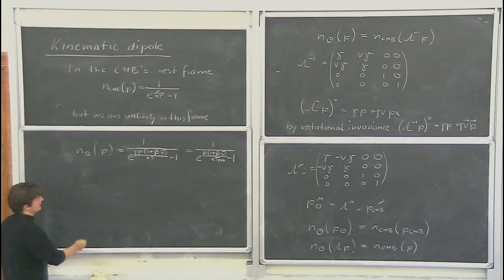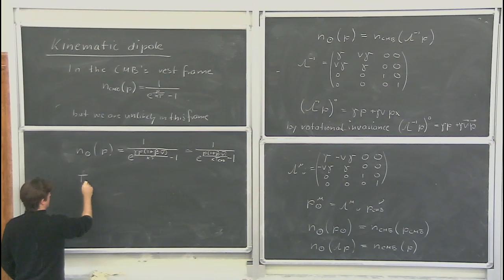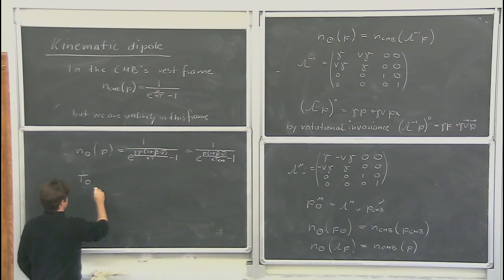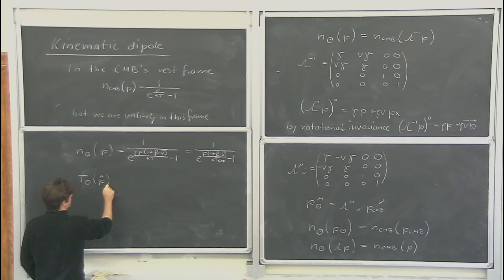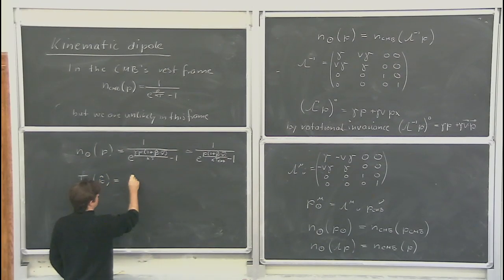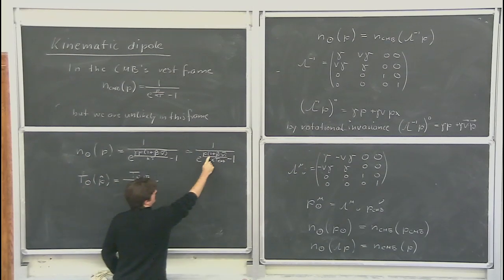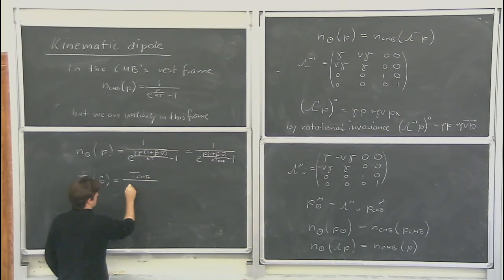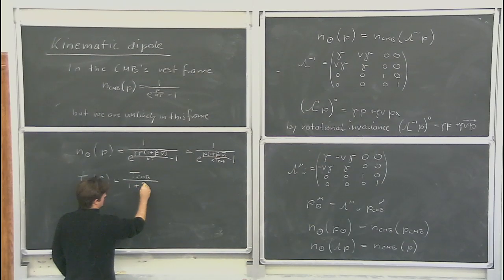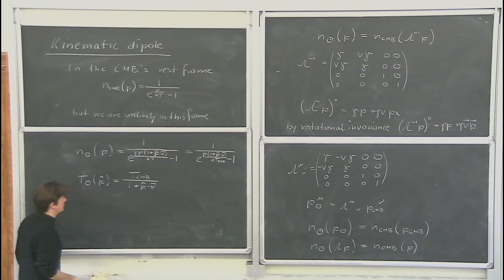So we can define an effective temperature in the solar system frame as a function of p hat: it's just T CMB divided by this gadget here, divided by 1 plus p hat dot v. It's just from reading off the contribution there.